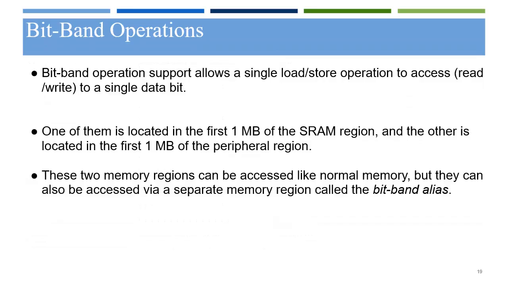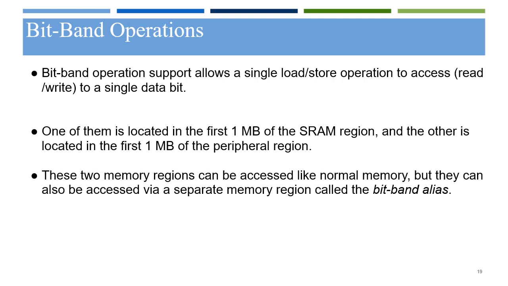Bitband operations. Bitband operation support allows a single load or store operation to access, like read or write, a single data bit. In Cortex M3, this is supported in two predetermined memory regions which are called bitband regions. One of them is located in the first megabyte of the SRAM region and the other is located in the first megabyte of the peripheral region.